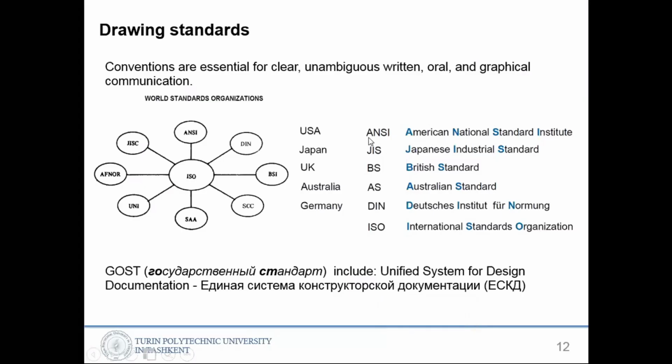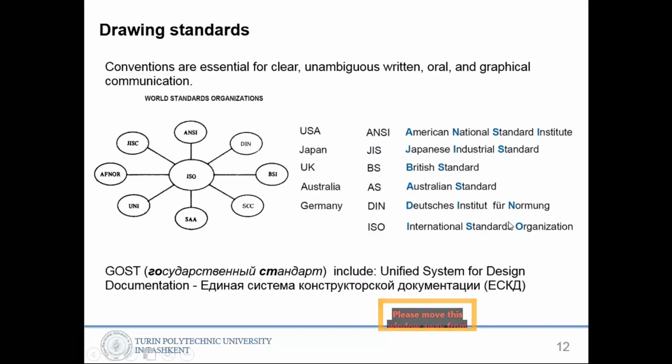Why are we learning this one? Because most of you might go to an American company or an American-related company or a GM company. So they're using this kind of drawings. Okay? There is also the Japanese JIS, Japanese Industrial Standard, BS, the UK standard, like the British standard, the Australian standard, and DIN is Germany's Deutsches Institut für Normung.